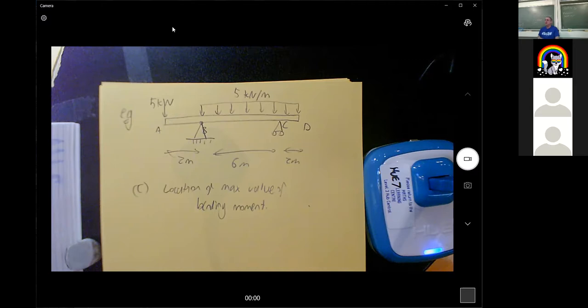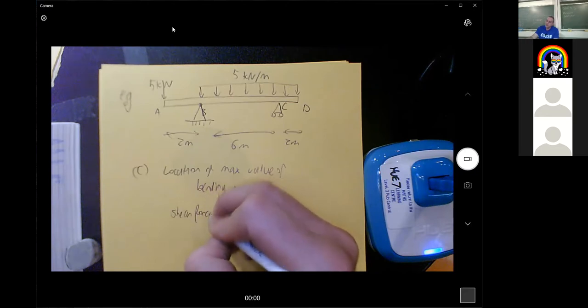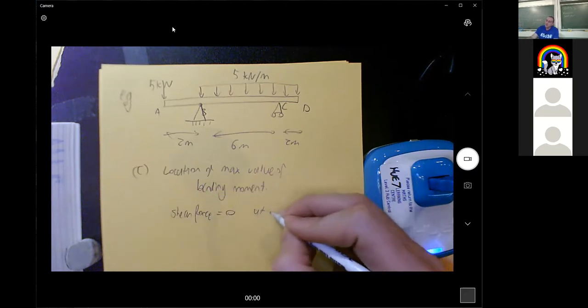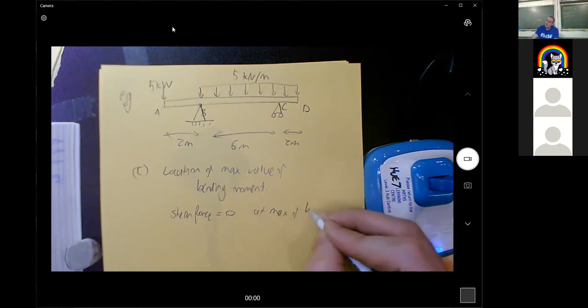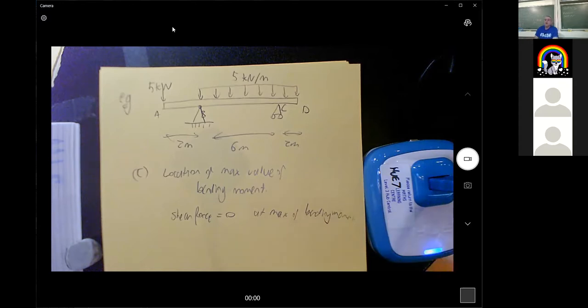Is that right? So I either have to know what the shear force is at every location, or what the bending moment is at every location. But I do know that the shear force equals 0 at the maximum of the bending moment. So if I could draw a diagram of what the shear force looks like, I may have a chance of doing this without actually figuring out a formula for the shear force.